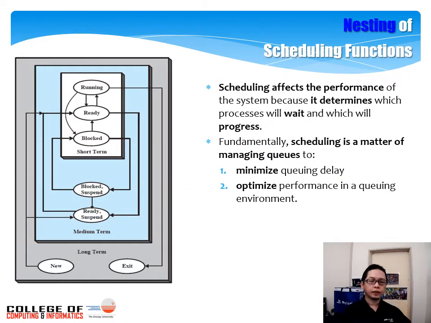So looking back at the relationship between the scheduling functions, this is how all those scheduling processes relate to one another. First of all, we have the long-term scheduling to decide whether to execute a new process or not. And then we have medium-term scheduling to decide between the block and suspend and whether the process from the suspend state can be admitted again into the execution state.